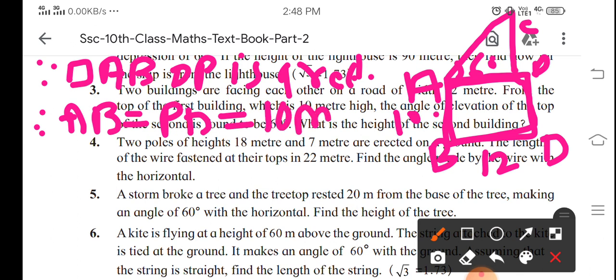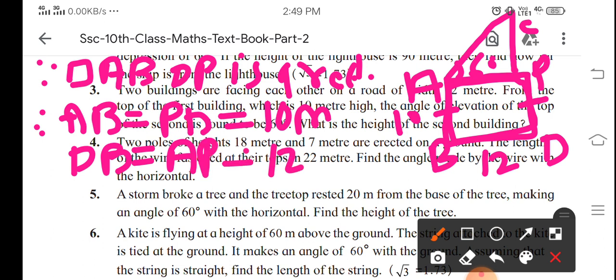Similarly, AP is equal to BD, which is 12 meters, and the reason you have to write is: opposite sides are equal.